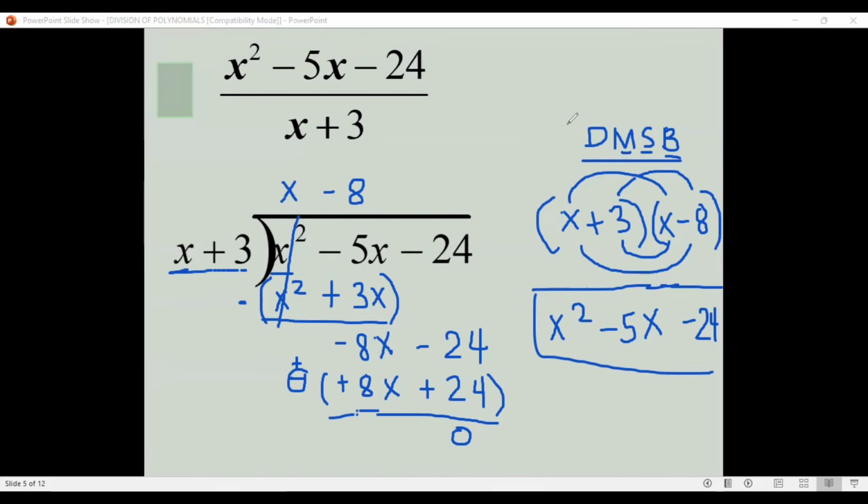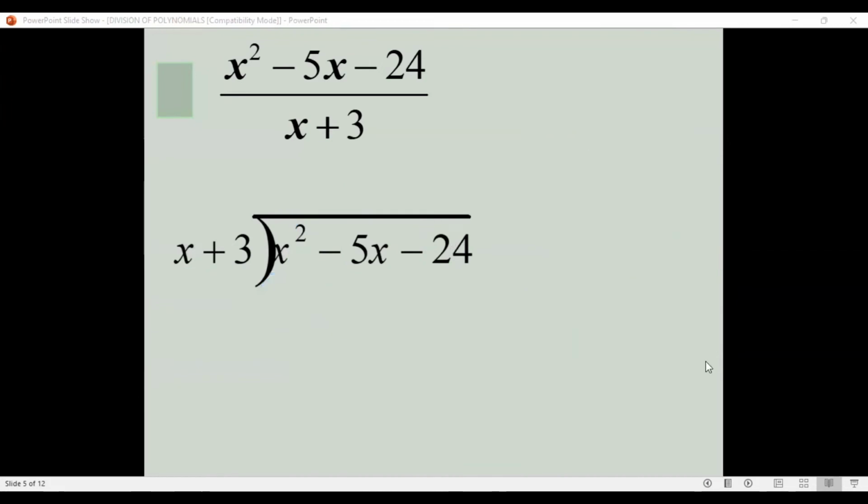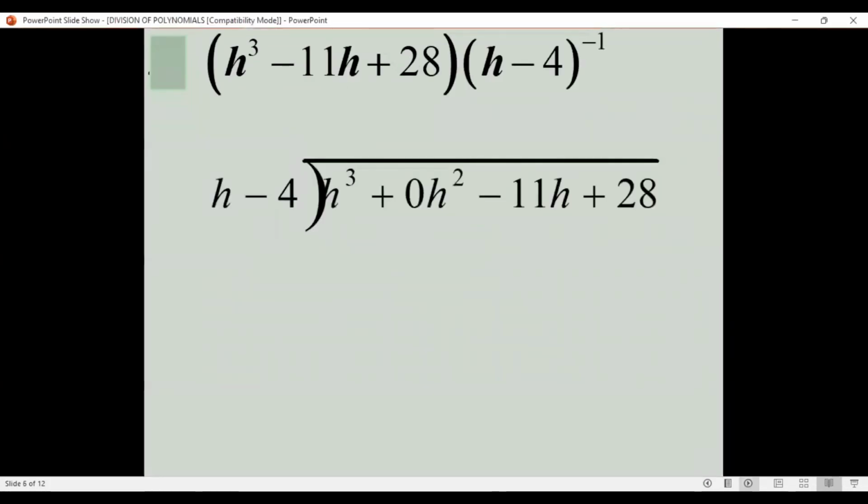Okay, let's have another example. Okay, so here you have h cubed minus 11h plus 28, and then multiplied by h minus 4 quantity raised to -1. So you might think that this is a multiplication statement, but then again, you have a -1 as an exponent.